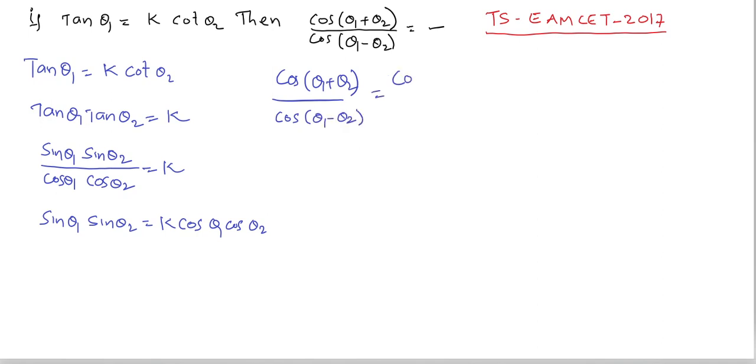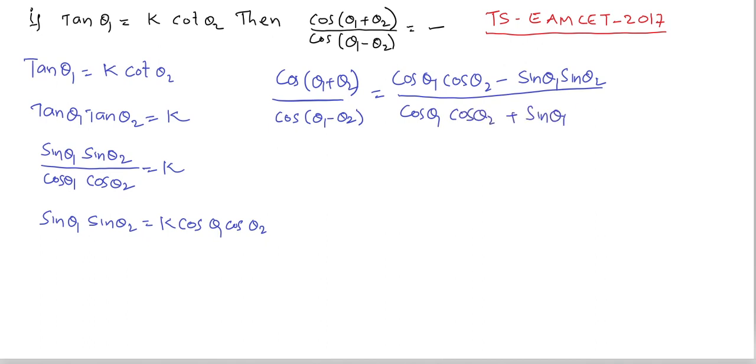Cos of a plus b is cos theta 1 cos theta 2 minus sin theta 1 sin theta 2. Cos of a minus b is cos theta 1 cos theta 2 plus sin theta 1 sin theta 2.